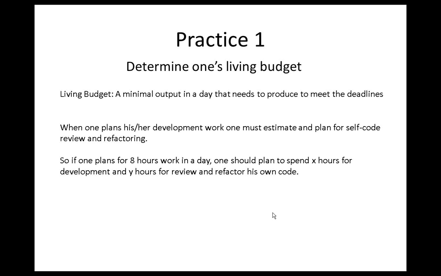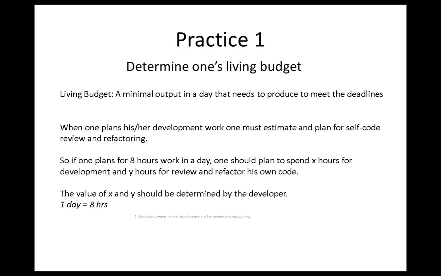We have to audit ourselves to see whether anything can be improved in terms of code and design. The value of action should be determined by the developer, not by a manager. So one day is equal to 8 hours. One day of development is equal to X hours of development plus Y hours of review and refactoring. And this X hours of development is nothing but your living budget.